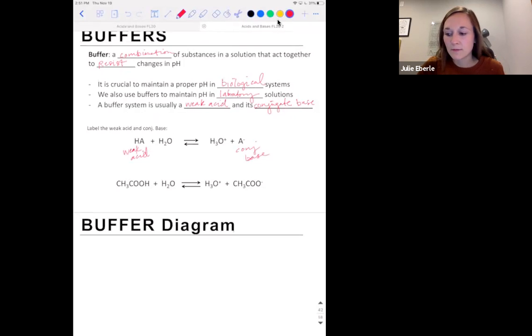For the second one, somebody tell me what the weak base is. Is it the first reactant or the second? Acetic acid or water?